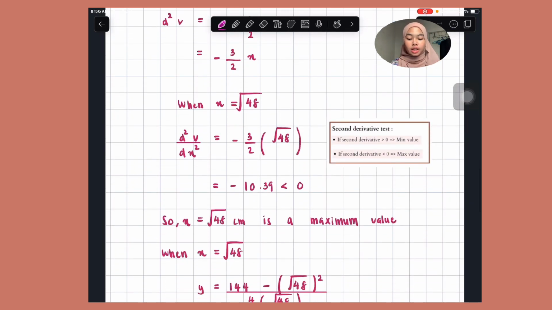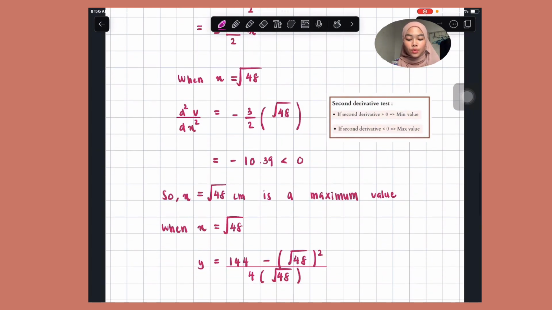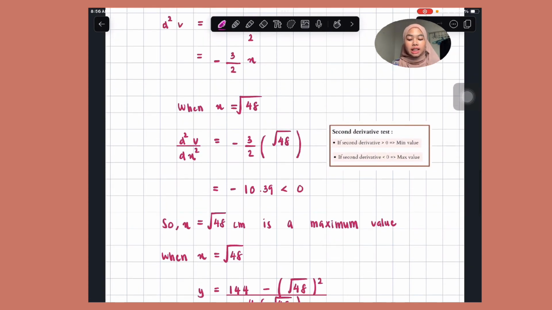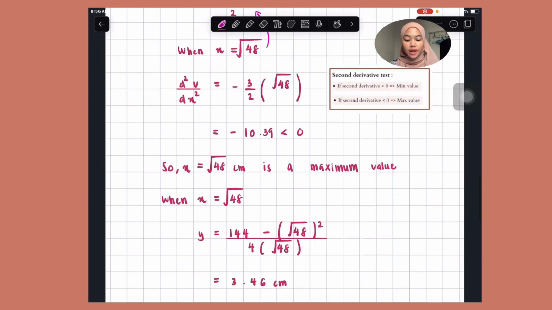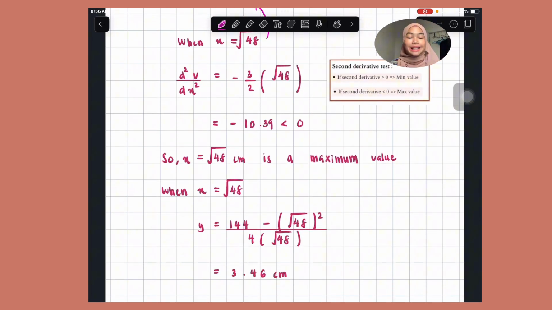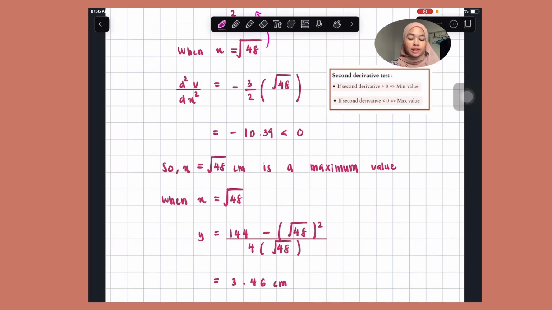When x equals square root of 48, the answer from step number 5, we substitute into this formula, so it becomes d squared v over dx squared equals minus 3 over 2 times square root of 48.